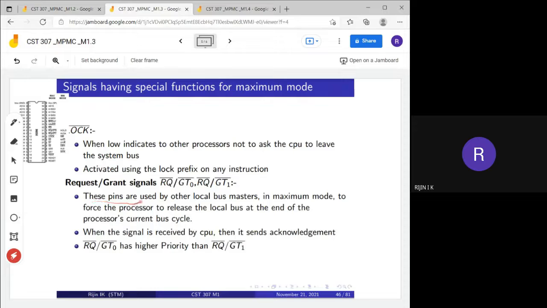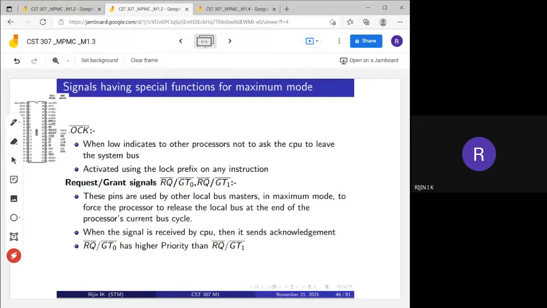These pins are used by the other local bus masters in maximum mode to force the processor to release the local bus at the end of the processor's current bus cycle. And when the signal is received by a processor, it will send an acknowledgement.